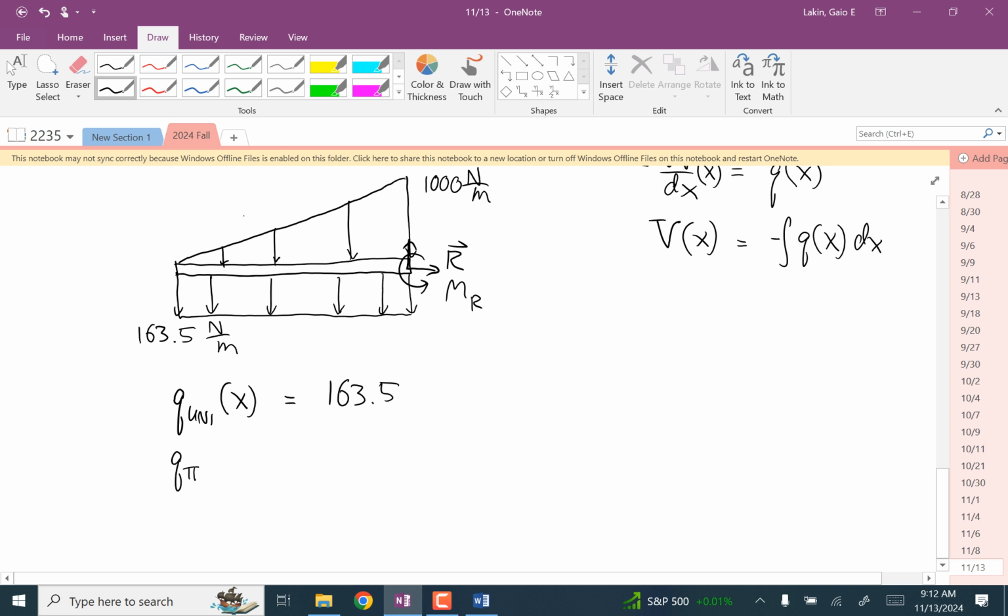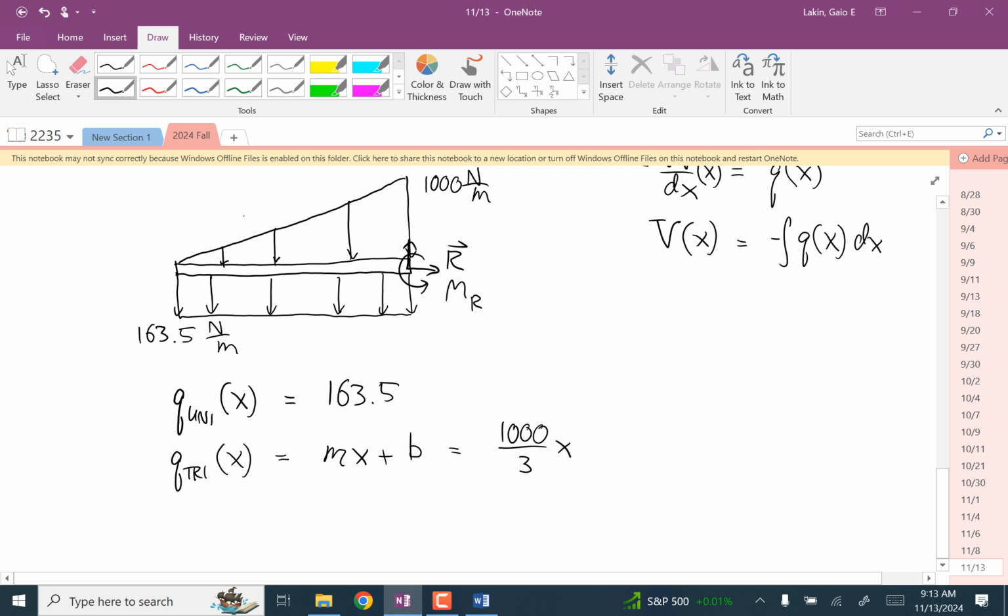But q for the triangular is mx plus b. The slope over the whole length of this line, we have a rise of 1,000 over a run of 3, times x.